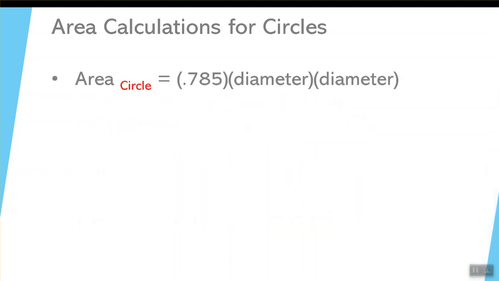Now, when we look at the formula to calculate the area of a circle, there are two options. The first option, which I highly recommend, is area of a circle in meters squared equals 0.785 times diameter times diameter.